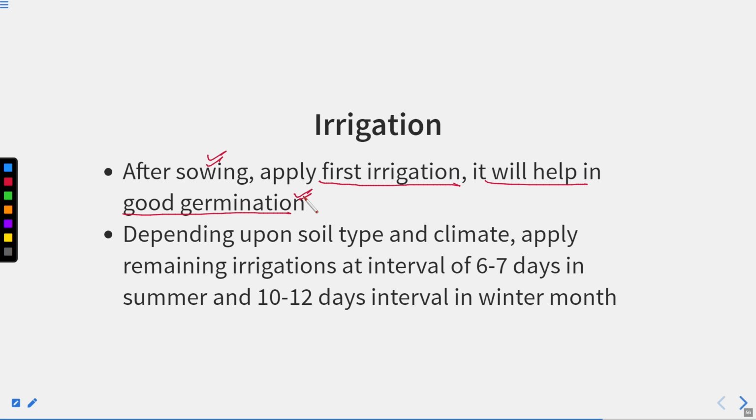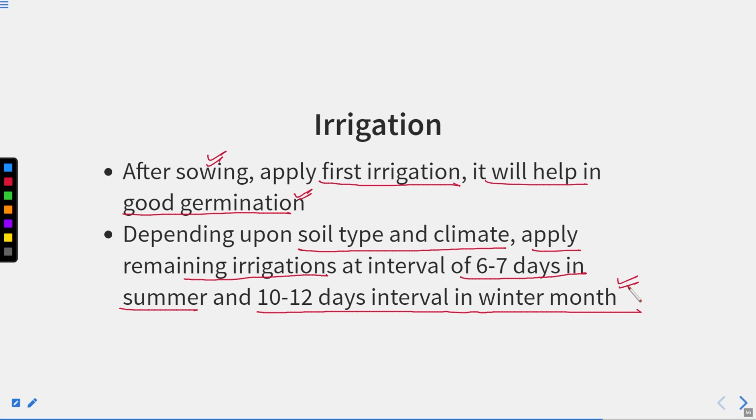Irrigation depends upon the soil type and climate. Apply the remaining irrigation at an interval of 6 to 7 days in summer and 10 to 12 days in the winter months, right?